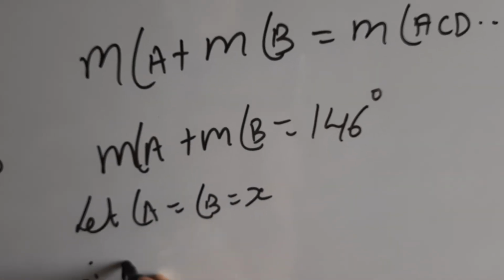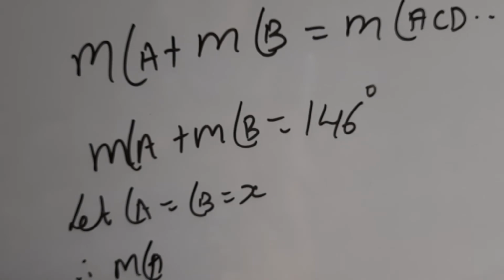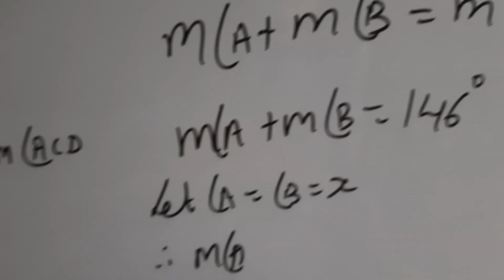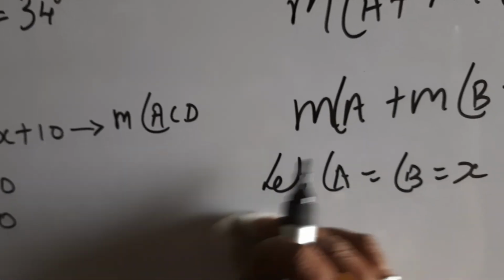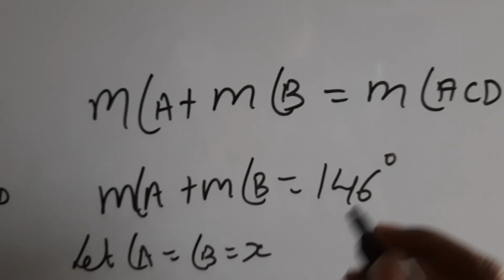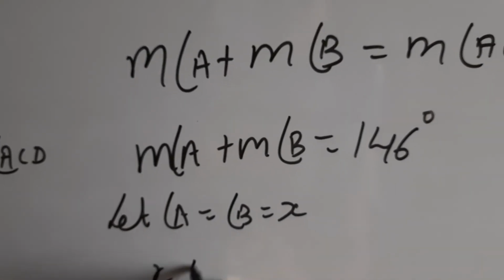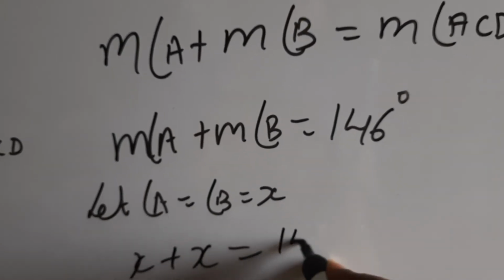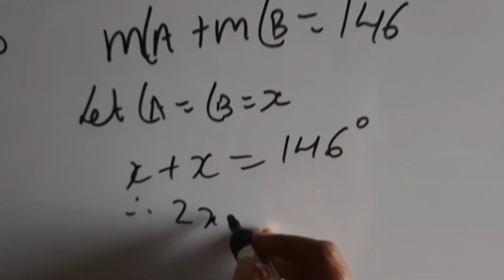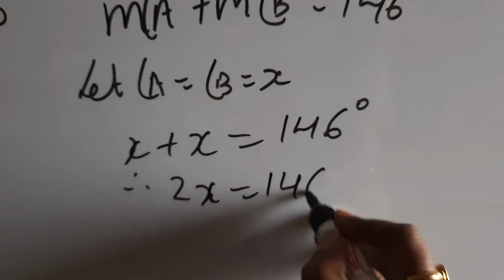Therefore, measure angle A, no need to write again, we can just solve that. Otherwise the sum becomes too big. Just put the value because we have already written it here. Measure angle A is how much? x, plus x is equal to 146 degree. Therefore, 2x is equal to 146.